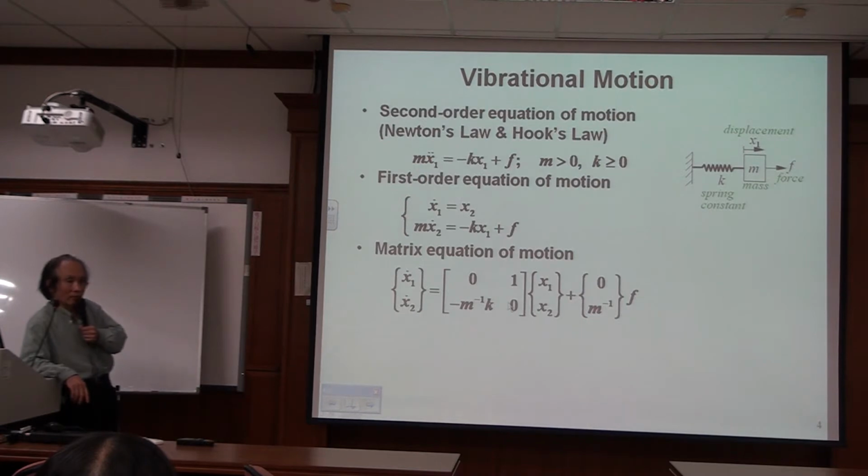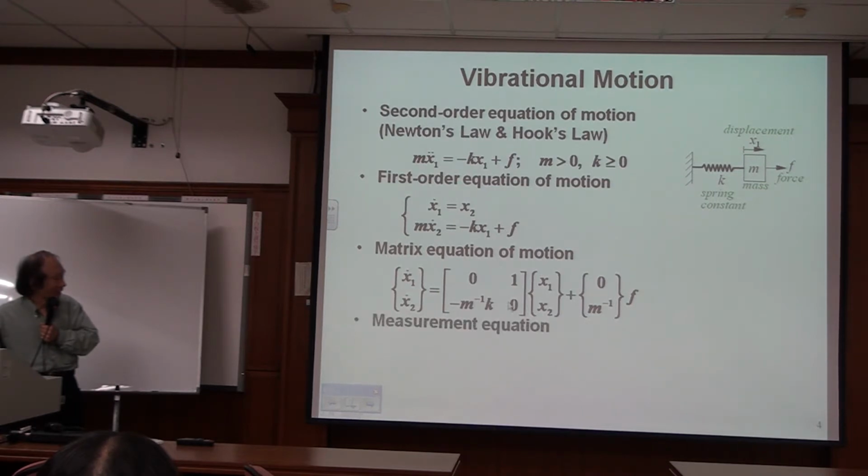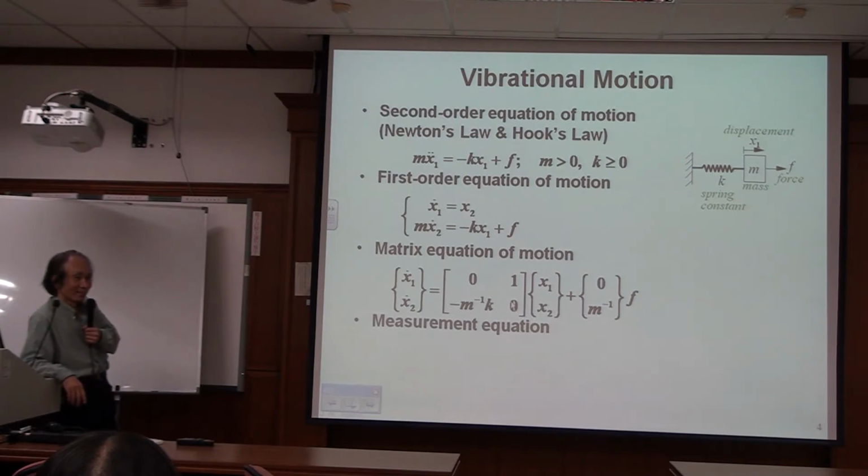What is the eigenvalue of this? M inverse k? Are you sure? It's supposed to be the square root of k over m.